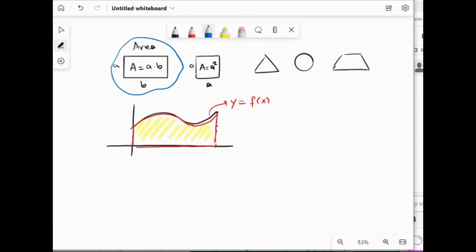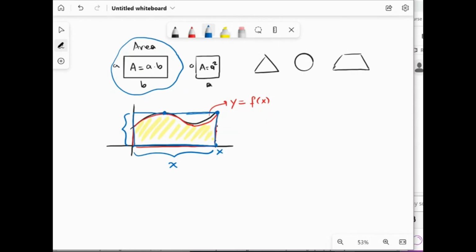Well, I will think about this as a rectangle. I will just take its height to be this point. I will multiply this side, which is going to be the x coordinate of this point, until it goes here. So let's say this is the x coordinate, and let's make use of the height.